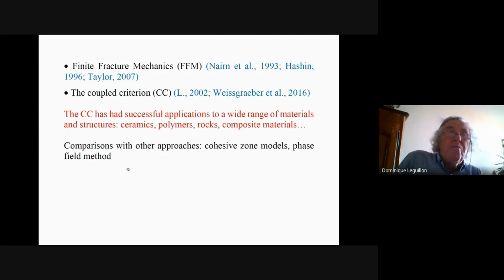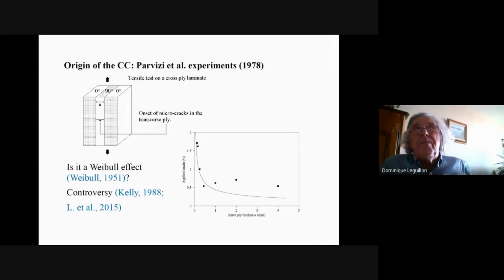So now, what is the origin of the coupled criterion? Indeed, during the 90s, we were using, as Ashin, as John Nairn, and many others, of course, as Griffith did 80 years ago, an energy criterion, but this energy criterion had a drawback.